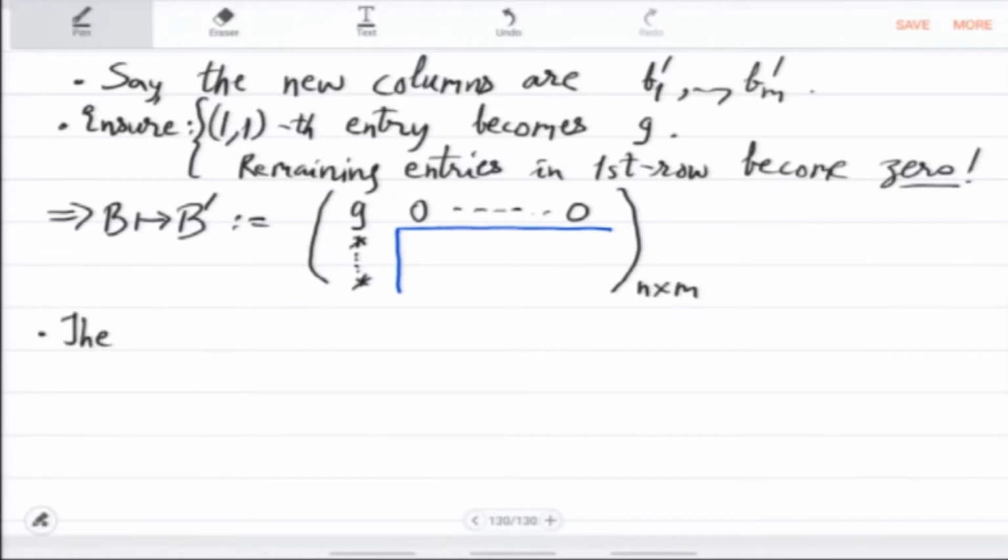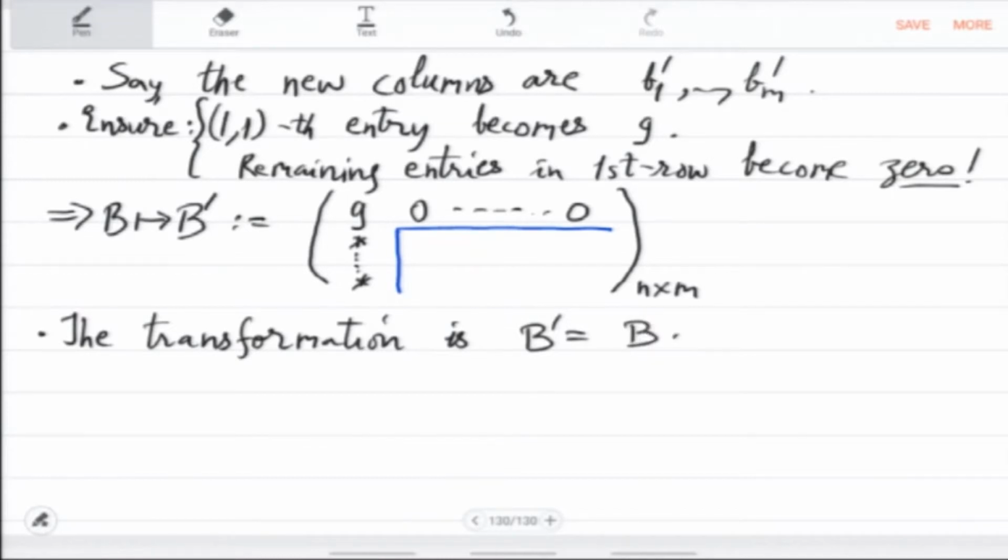So what is this transformation? B prime is basically B, where you did column operations, right?